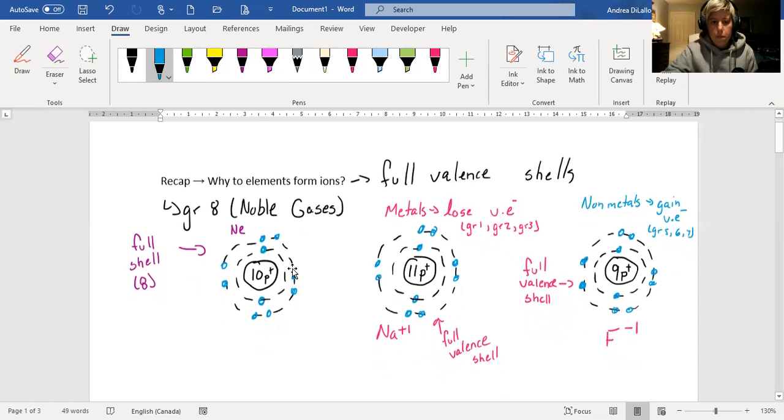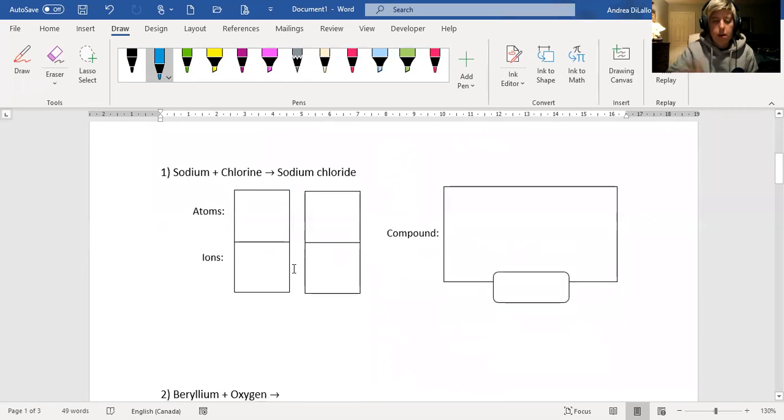So let's do an example of sodium and chlorine. I'm going to draw the Lewis dot diagrams. The Lewis dot diagrams are very useful because remember, Lewis dot diagrams show the electrons on our last shell. This is where your periodic table is your best friend, and it should be right next to you all the time. So sodium, our symbol is Na, and it has 1 valence electron, so 1 dot, because it's in group 1, our alkali metals.